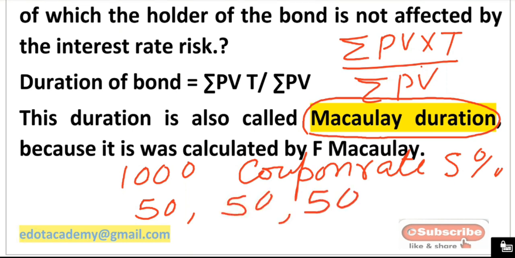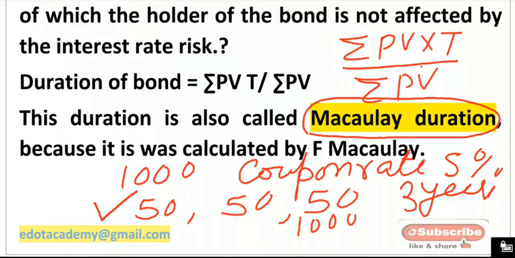Let's say the maturity period is 3 years, so up to 3 years he'll be getting the value, and at the end of the third year he will also get 1,000 rupees back. So in the first year he will get 50 rupees, in the second year 50 rupees, and at the end of the third year he will get 1,050 rupees.